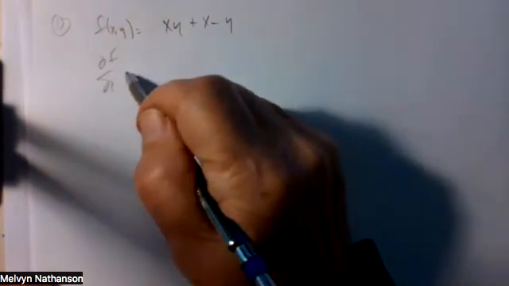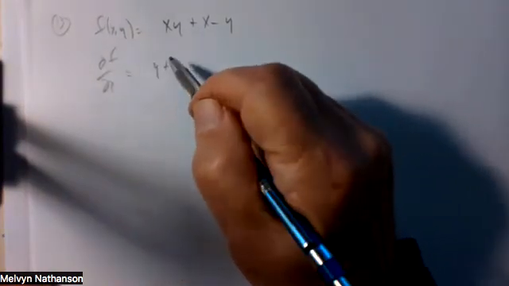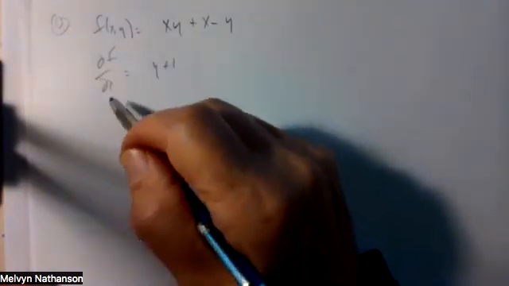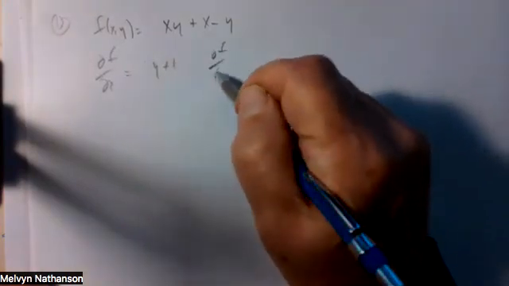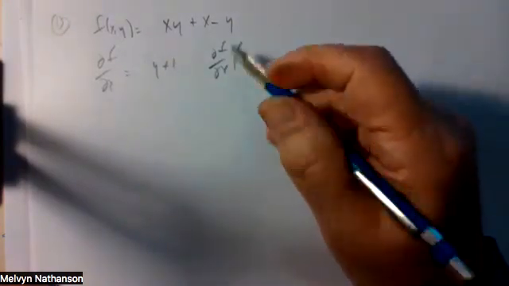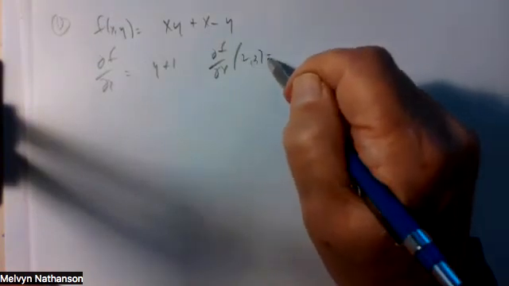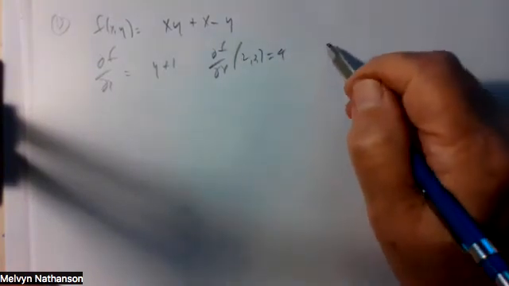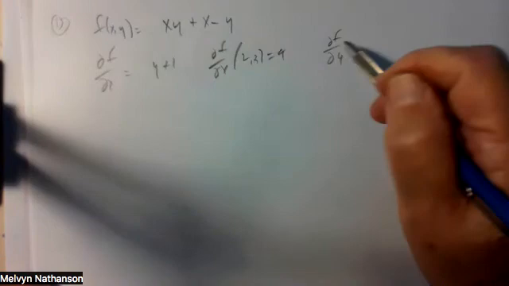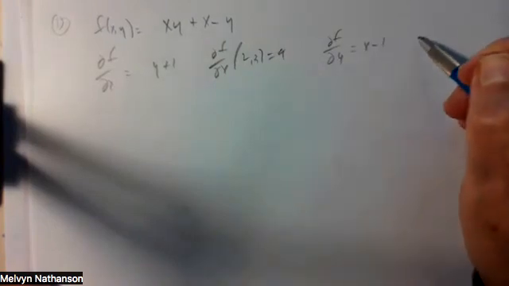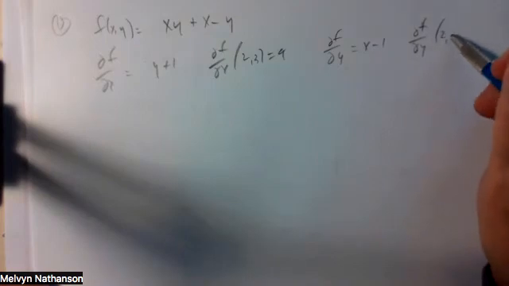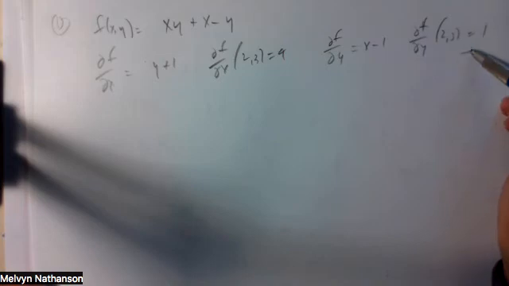The partial of f with respect to x is y plus 1. The partial of f with respect to x at the point (2, 3) is 4. The partial of f with respect to y is x minus 1. The partial of f with respect to y at the point (2, 3) is 2 minus 1, or 1.